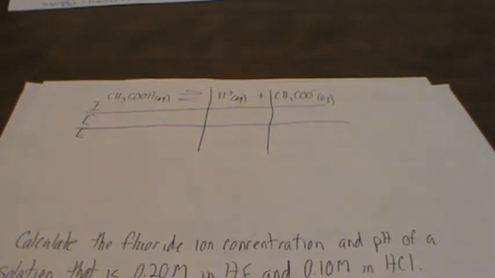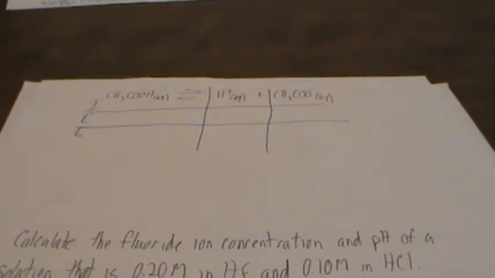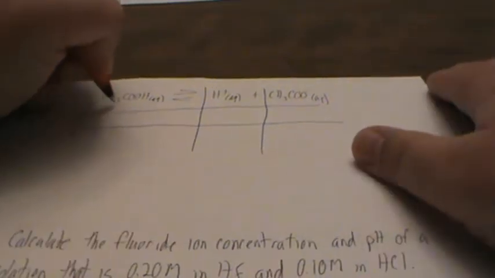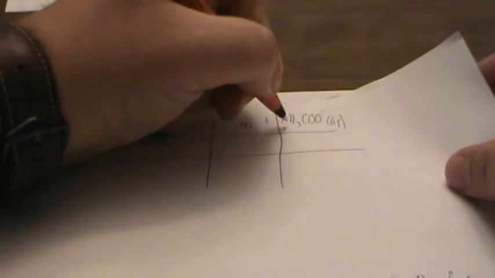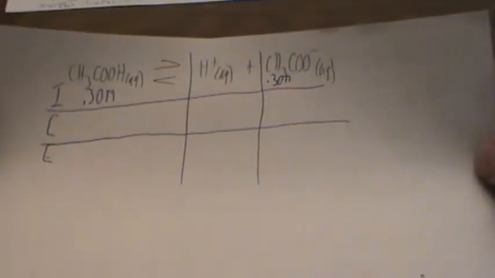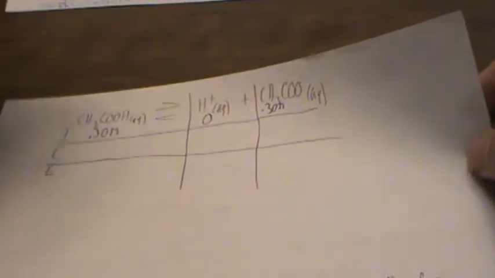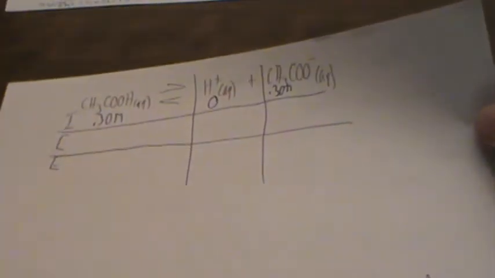So our initial concentration of acetic acid, 0.3 over 1, is 0.3 molar. Our common ion is the acetate ion, and its initial concentration is 0.30 molar as well. Hydrogen ion's initial concentration is 0.